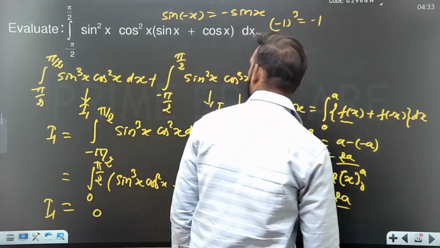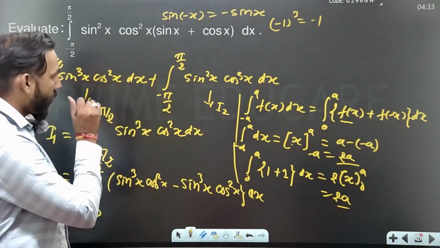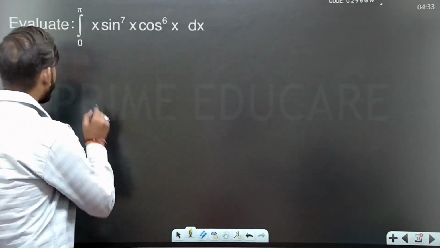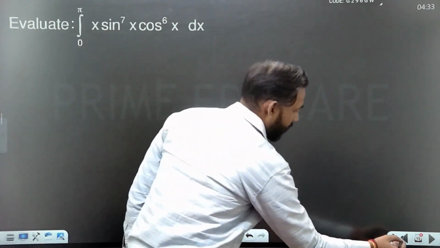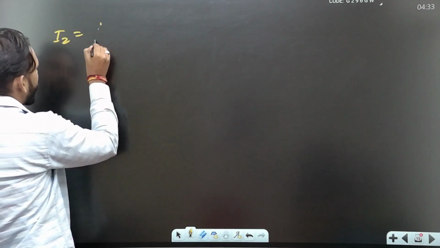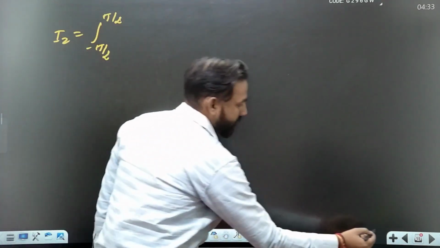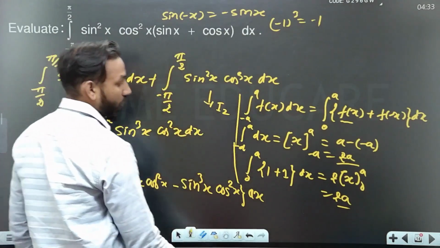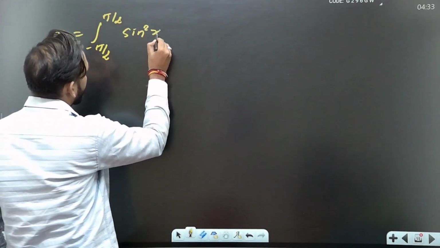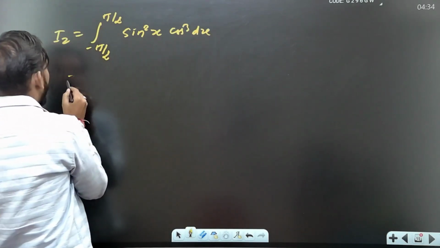Now we want to calculate this I2, right? Now we have I2, and I2 equal to minus pi by 2 to pi by 2 sine square x cos cube x dx, and what we'll have?